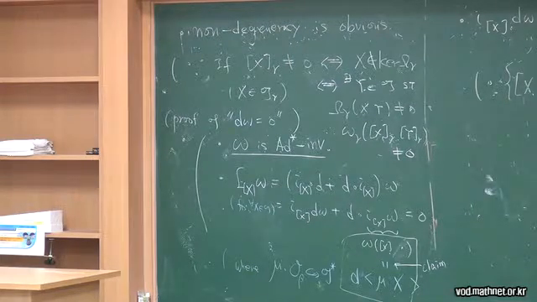So which means that d omega is 0 for every tangent vector on gamma. So this implies that d omega is 0. So this procedure finished the proof.